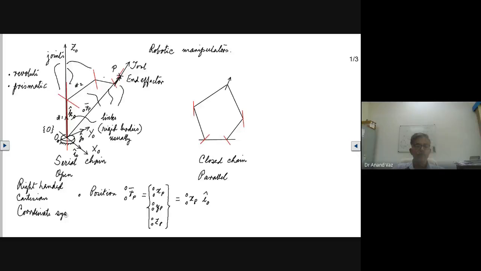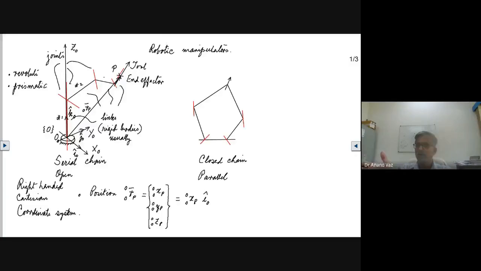What do we mean by the right-handed Cartesian coordinate system? It means that if you consider your right hand, you have the x direction like this, you have the y direction like this. You turn from the x towards the y, and the thumb points towards the positive direction of z.